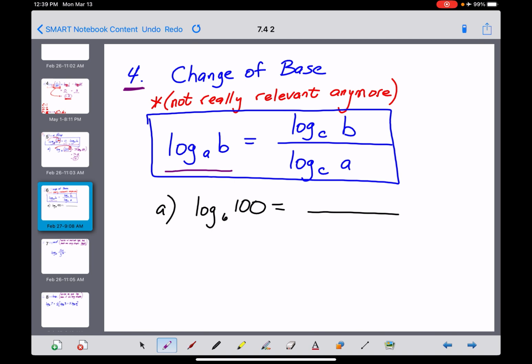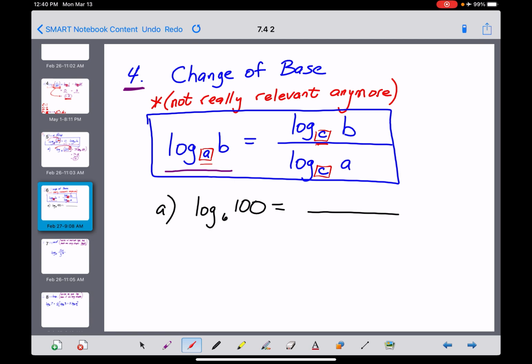And what you'll notice here for the very first time, guys, is on the right-hand side, the base of these 2 logarithms is now different than it was just a second ago. In all 3 of the properties that we've done so far, the base of the logarithm has remained the same. But now, we're going to change the base of that logarithm from a, whatever it was, to c.